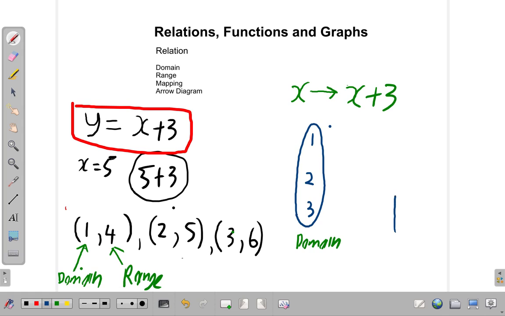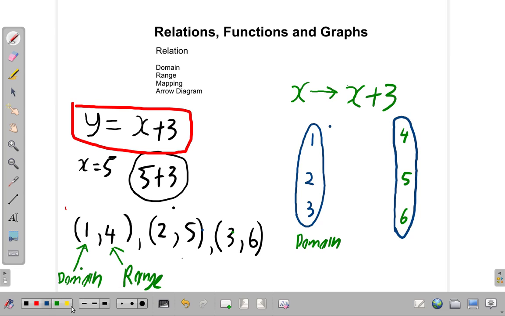Then over to the right, you have another oval, and what you have here is 4, 5, 6.